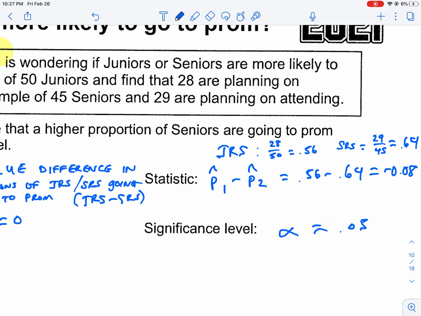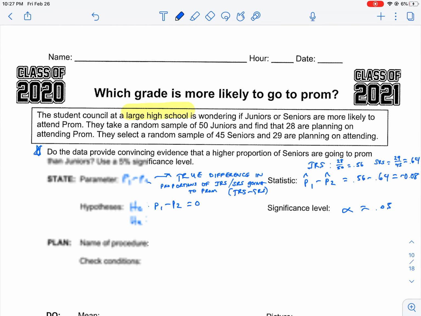So the question you need to ask yourself is, do we have enough evidence to continue this line of logic? Well, if there was no difference, we'd expect to see no difference in our sample proportions. So because we have this negative 0.08 difference, we continue to kick the can down the line and run this test.